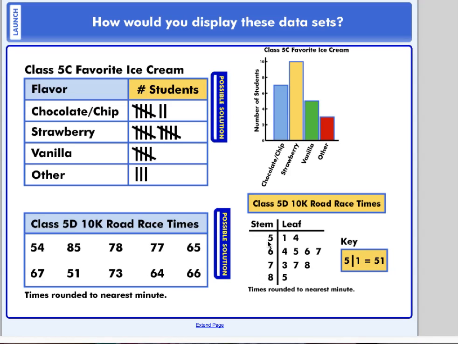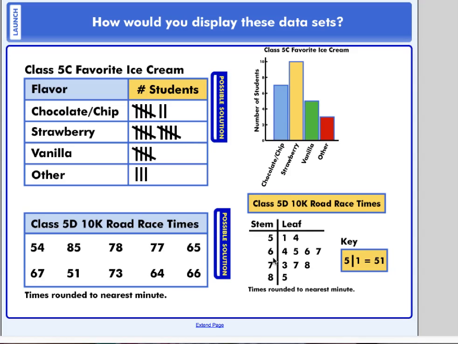When we talk about a stem, it's talking about the tens place, like the 50s. The leaves give the ones place. So in this row, where I've got a stem of 5 and leaves of 1 and 4, this stands for 51 and 54.